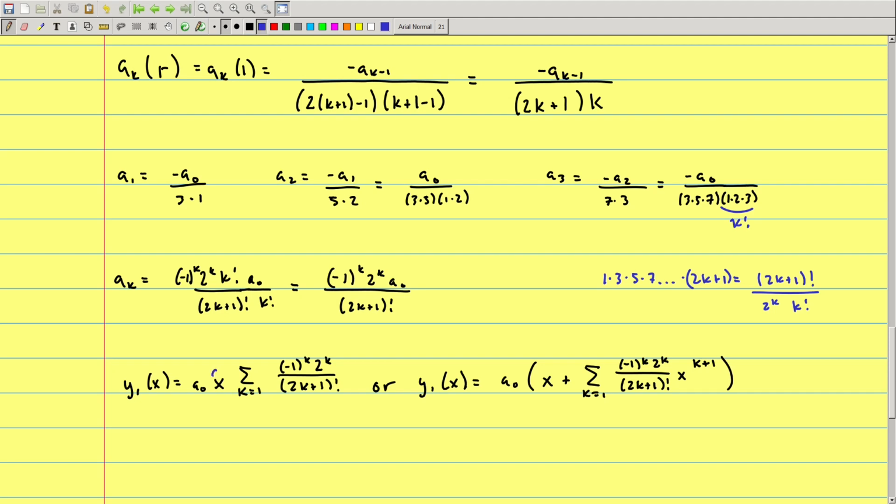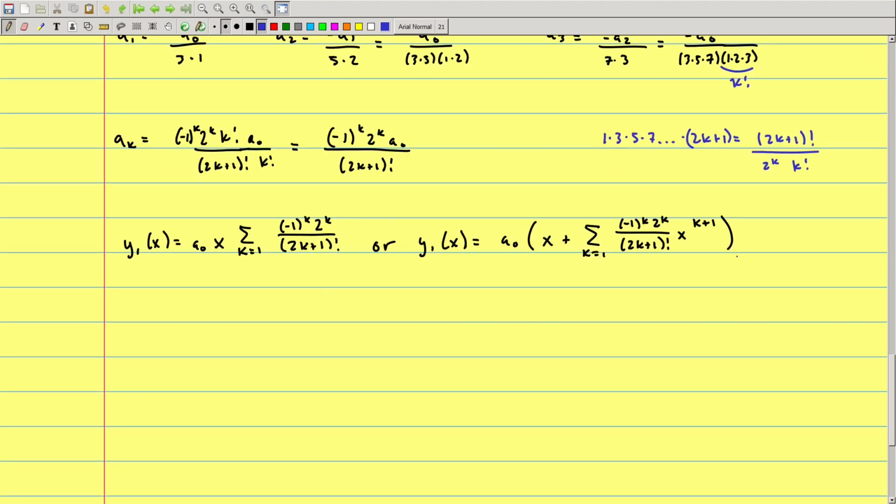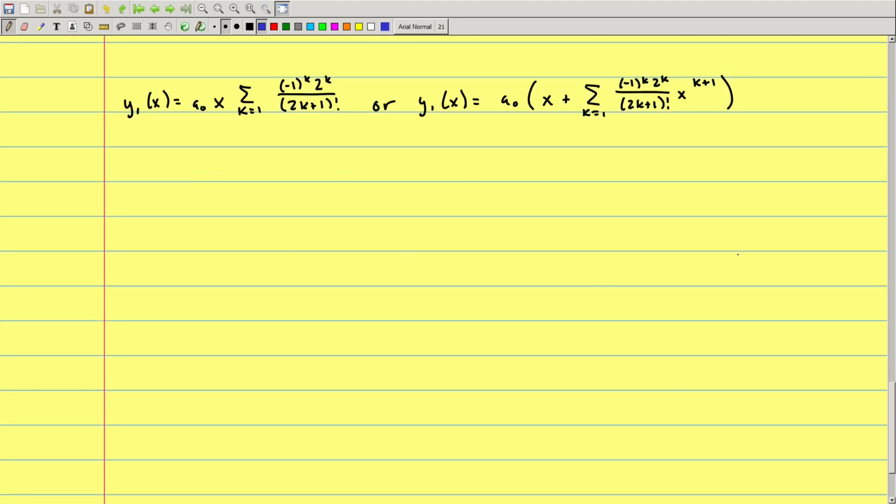And then note, here I wrote the x out front, but here I absorbed it into the exponent. All right.